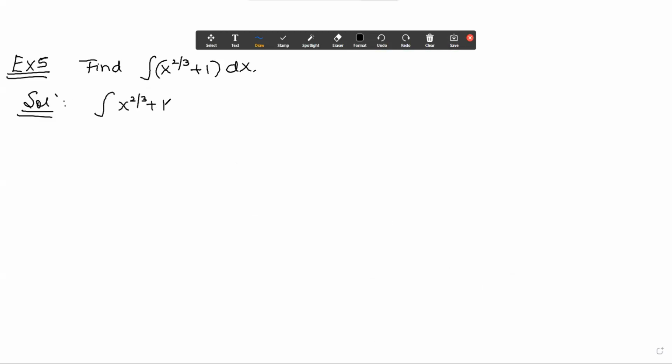Let's do example 5. Find integral x to the power 2 by 3 plus 1 times dx. So this is the question. I can write it like this.